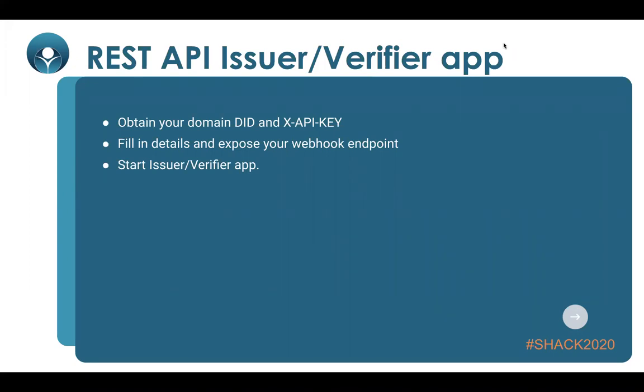To use the Verity REST API, you will need a domain DID and X API key. You can obtain the domain DID and X API key needed to use your REST API in the same way that we explained how you could obtain your provisioning token.